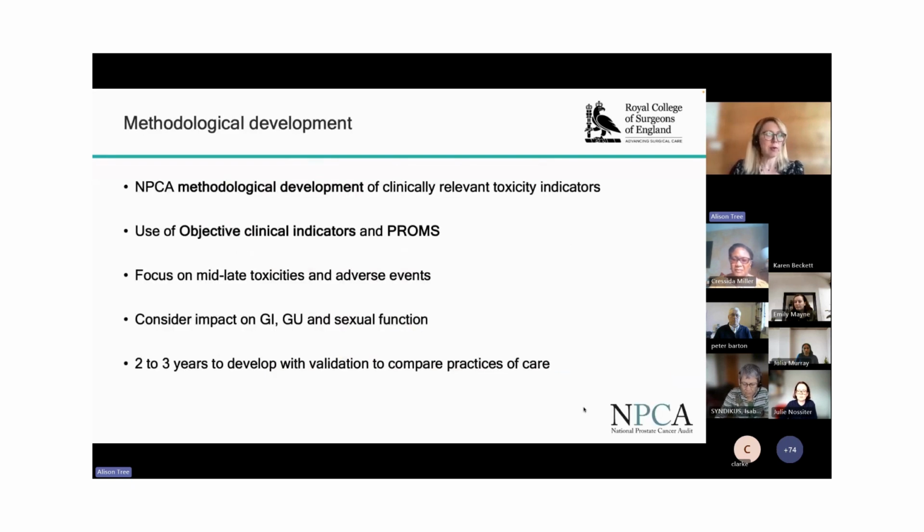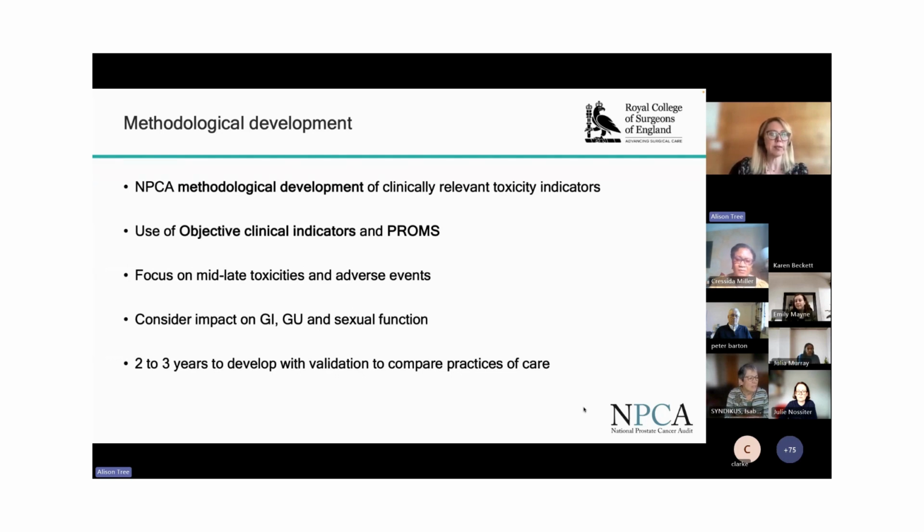So long before I got involved, the team were doing all the very hard work of the methodological development of the National Prostate Cancer Audit, because what comes into the audit is a range of data from different national sources, and there are different pros and cons of different databases and different data streams. And so what the team needed to do is to prove that what we measure from this data actually means something.